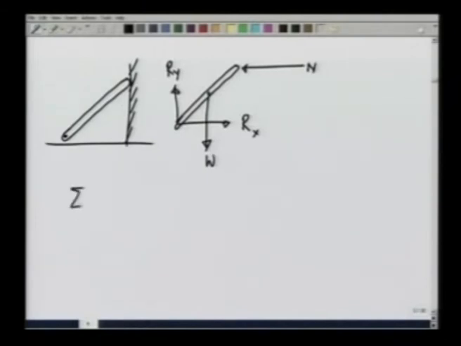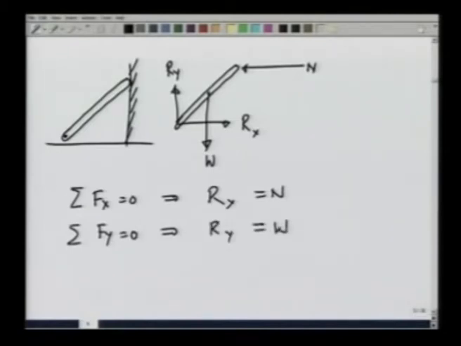The equilibrium condition summation Fx equal to 0 gives Rx equals N. Summation Fy equal to 0 gives Ry equals W. Now, about the lower point, let us say the pin joint is O, the torque also must be balanced.